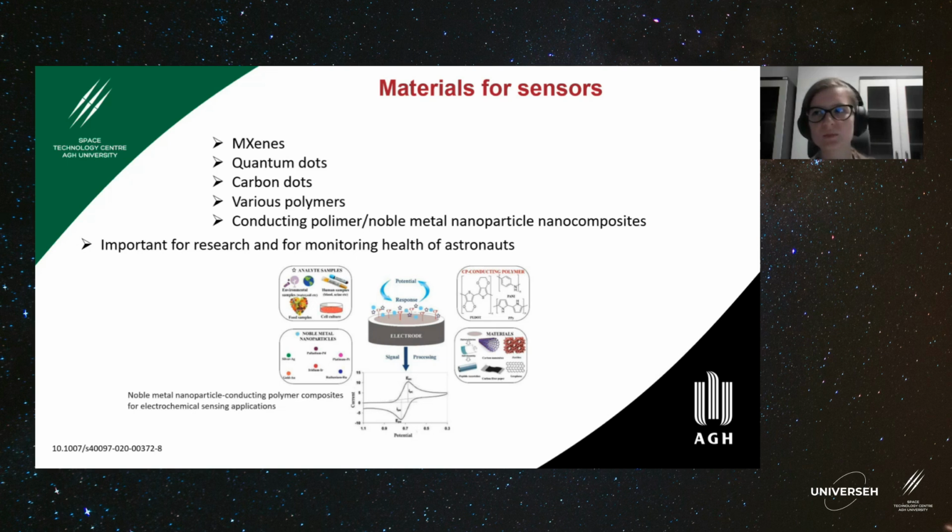And it can be used both in research and in monitoring health of astronauts. Here is an example of such a nanocomposite with nanoparticles for electrochemical sensing applications.